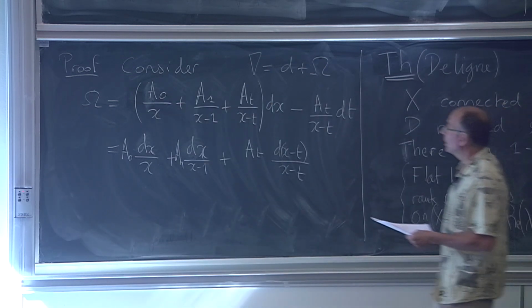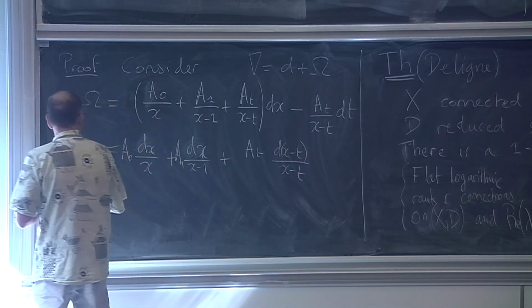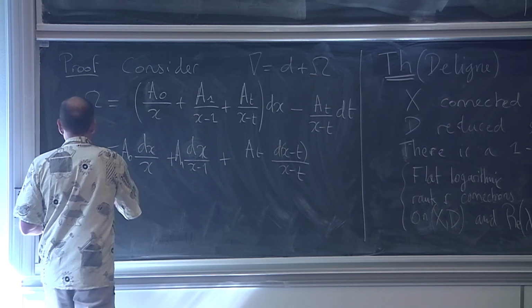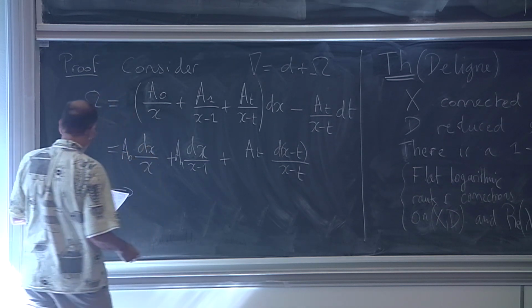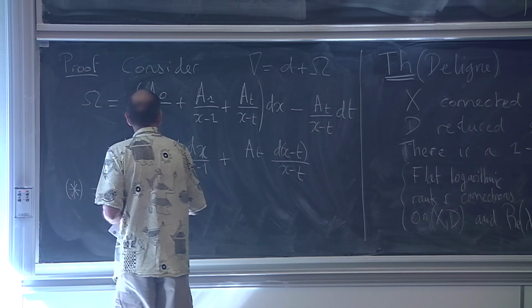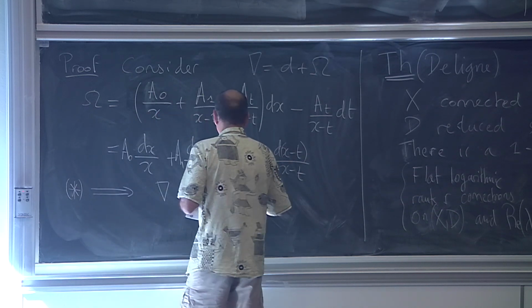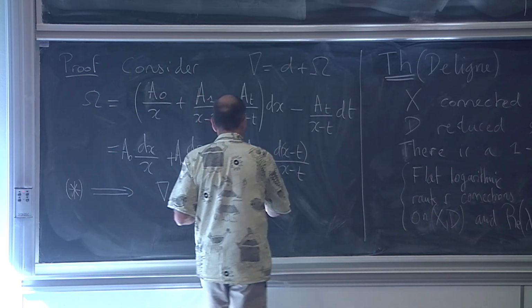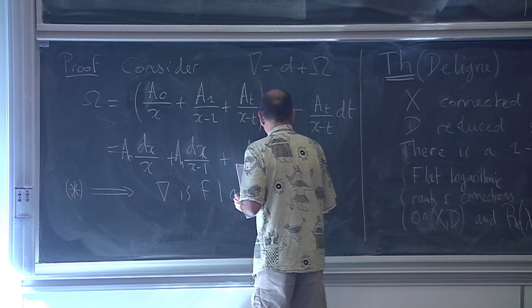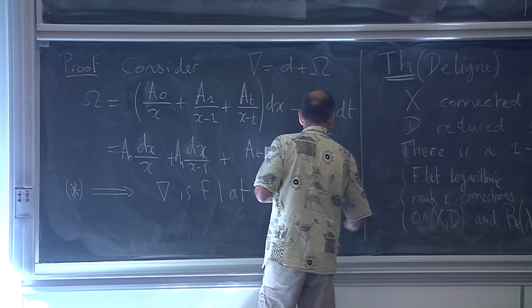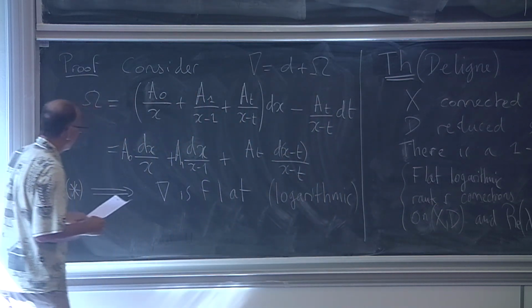So one can easily check that if you look at the differential equation here, the Schlesinger equation tells you that nabla is flat, and you can easily check that it is logarithmic. But this is not important so far.